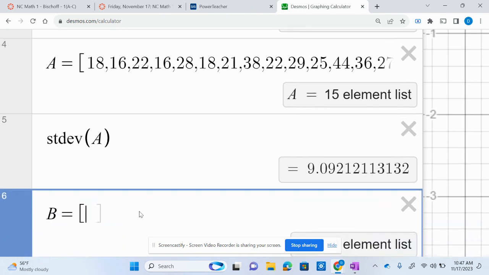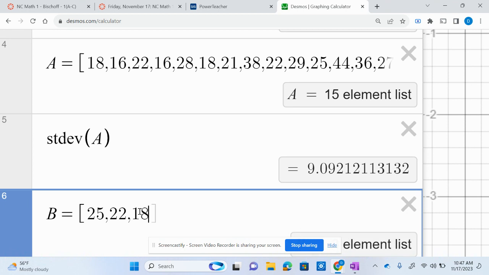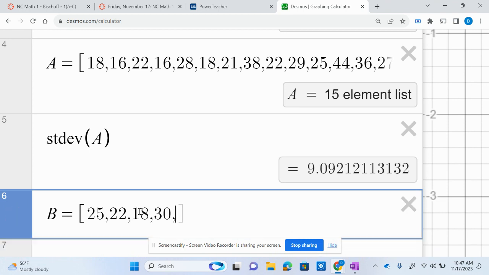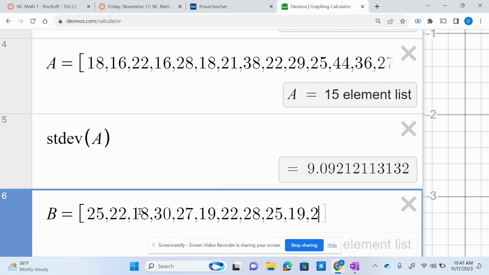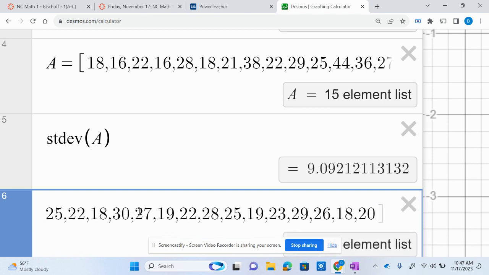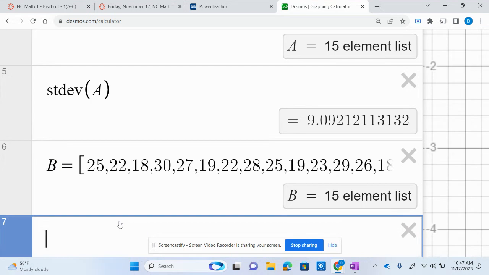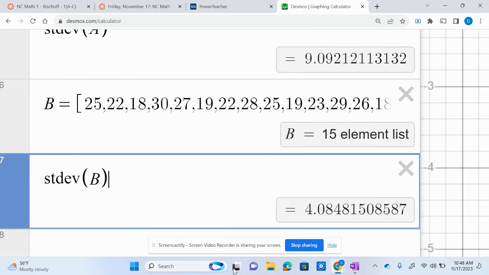Soda B, who's going to rattle them off for me? 25. Yep. 27, 19, 22, 28, 25, 19, 23, 29, 26, 18. Okay. So in this set of soda lovers, my standard deviation is what? 4.1.